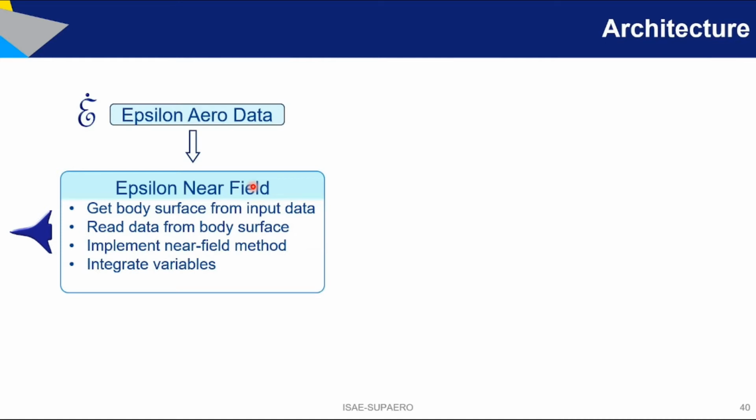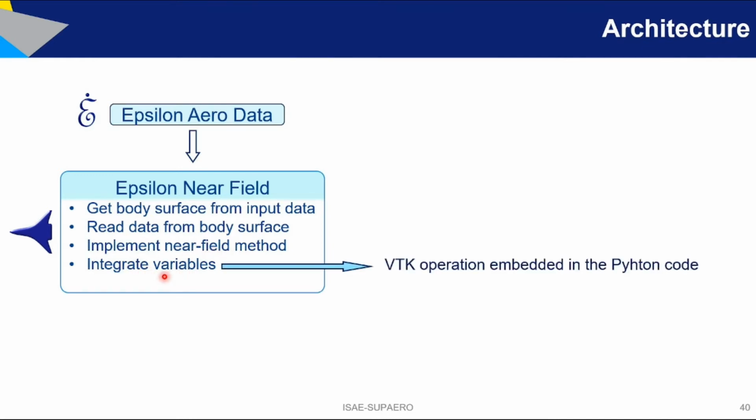And once you have your cell-based parameters and the near field forces, you can integrate variables on the entire surface in order to get the actual drag, the actual lift. And again, this is performed by using VTK integration operations that are embedded inside the Python code.